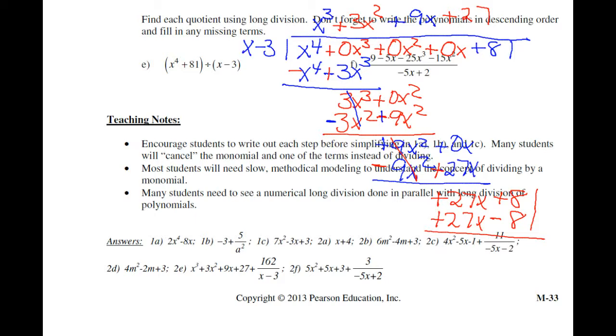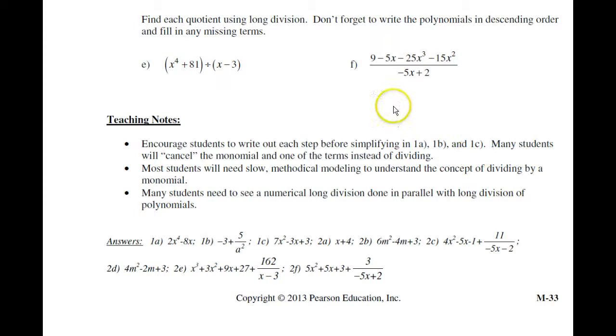I change signs, and everything cancels out, and there is my answer. Now, did I go wrong somewhere? I don't have anything left, do I? No, let me check it. Well, I looked it over, and I didn't get any remainders, so I'm not sure where they're getting this over here, but we'll leave that for another time.